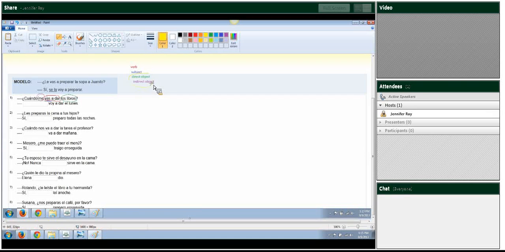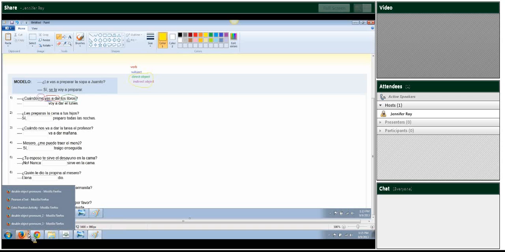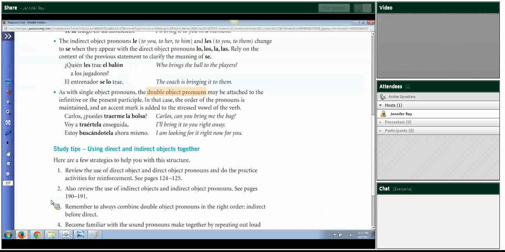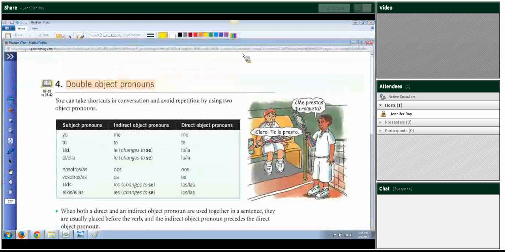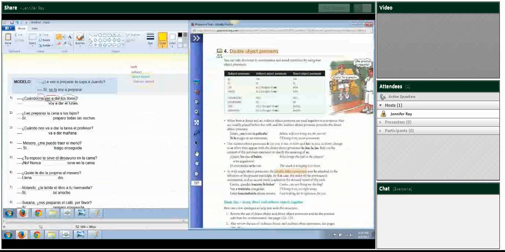Okay, so when we rewrite this sentence, we want to replace our direct and indirect objects with direct and indirect object pronouns, which are right here. These are your directs, these are your indirects. So if I want to change libros to them, when are you going to give me the books?